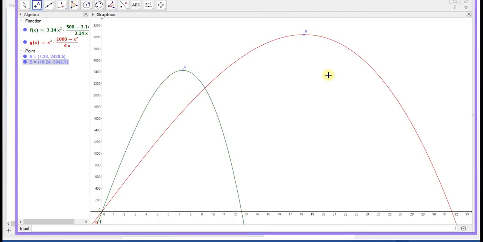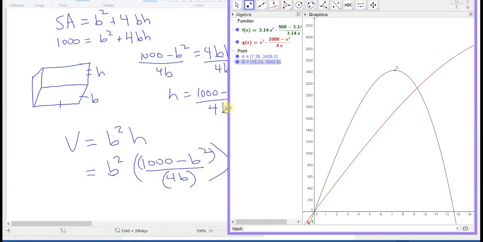So we have an x value of 18.4 and a maximum volume of 3,000. Why are these numbers important? Well, if the base is 18 by 18 for this rectangular prism, let's figure out what the height would be.